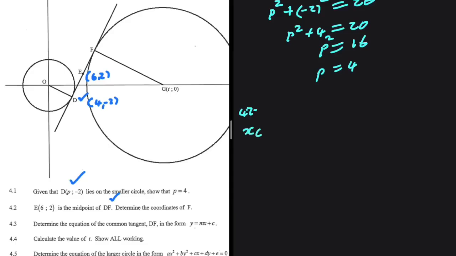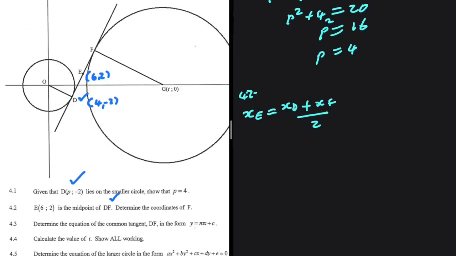So x of E is equal to x of D plus x of F, everything divided by 2. X of E is 6, x of D is 4, plus x of F, everything divided by 2.